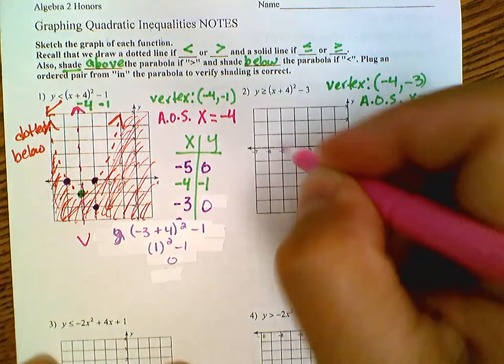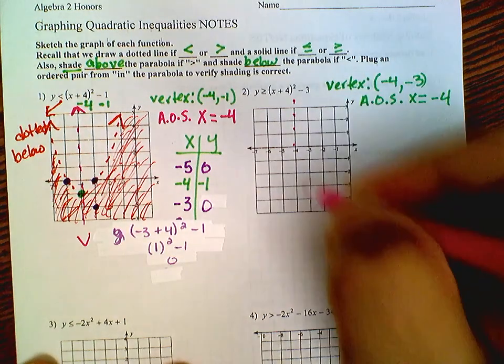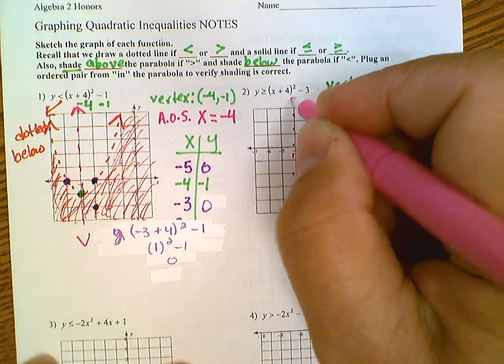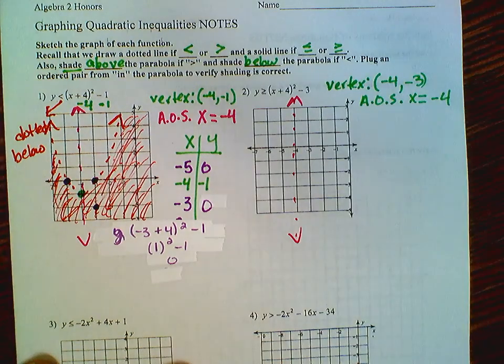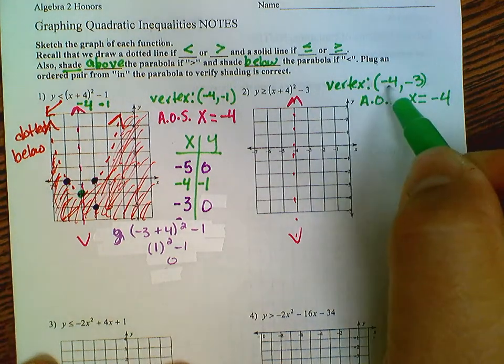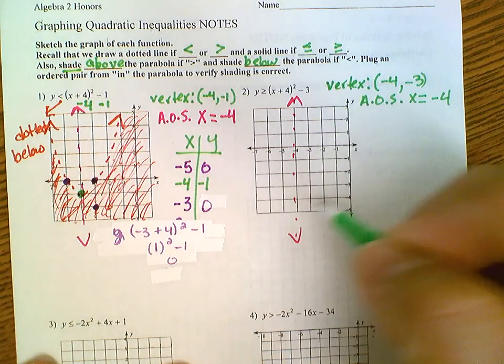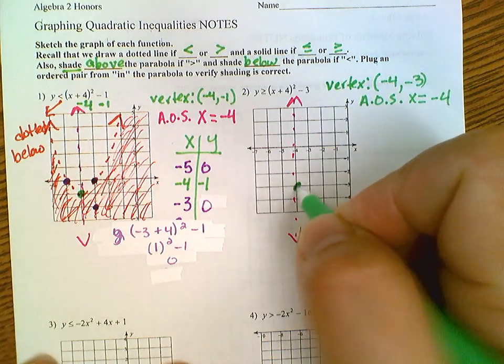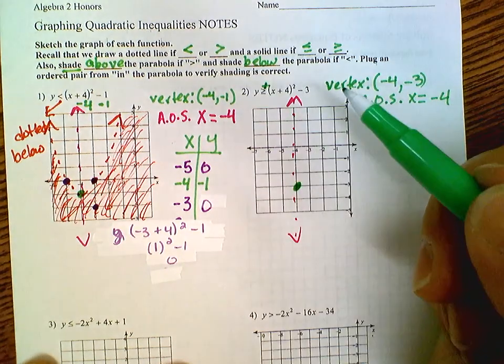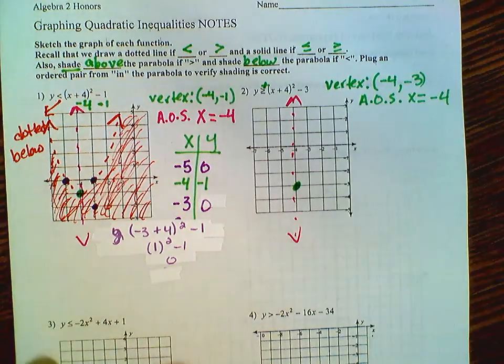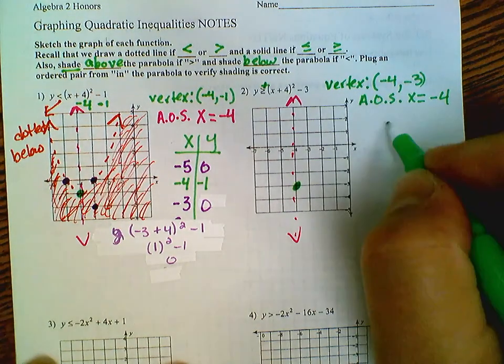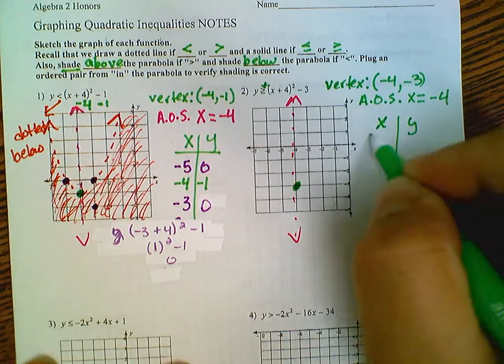So for my axis of symmetry, I'm going through -4 again. And for my vertex, it's -4, -3. And this opens up because it's positive, so I expect it to go that way. So get a couple more points.